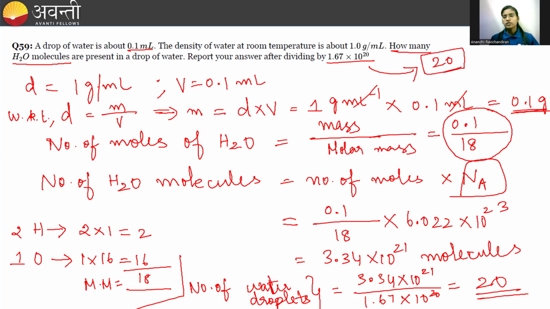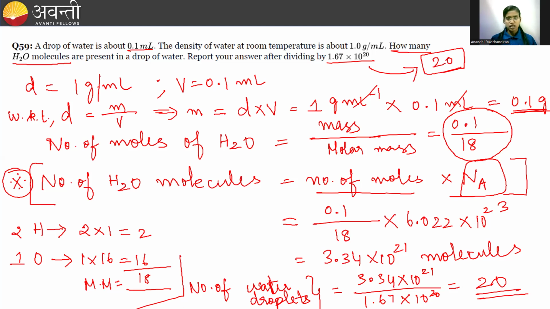So what we are basically doing, we are taking the number of H2O molecules using the number of moles into Avogadro number formula. This is the formula which has to be applied for this question. In this formula, we need number of moles, and I am calculating that using the mass by molar mass formula.